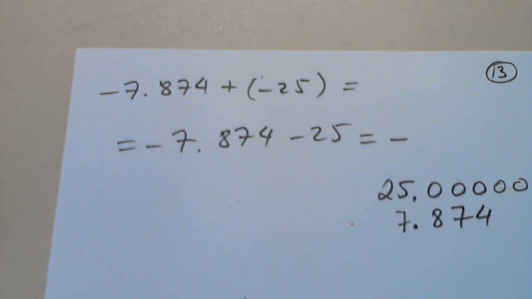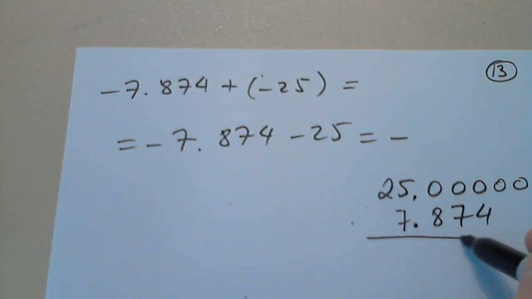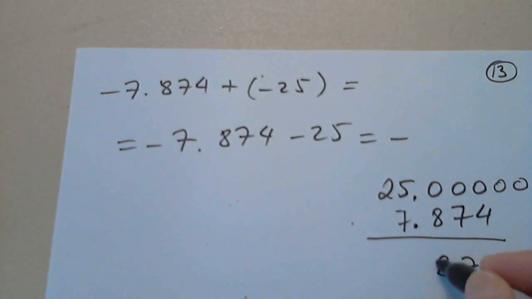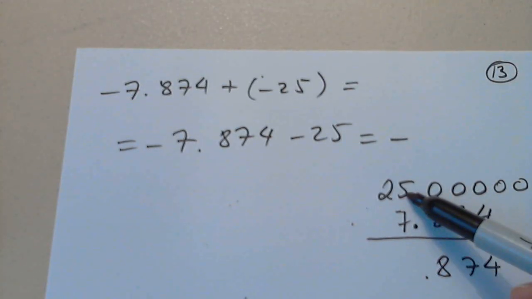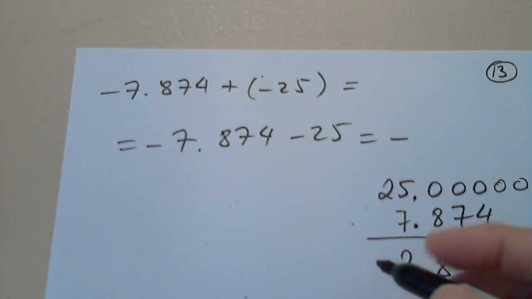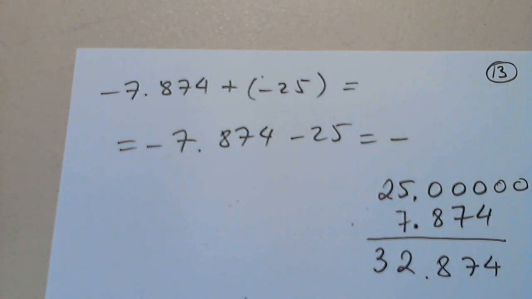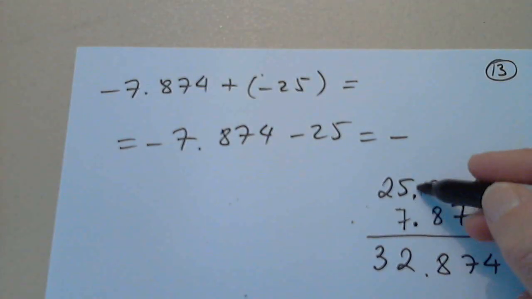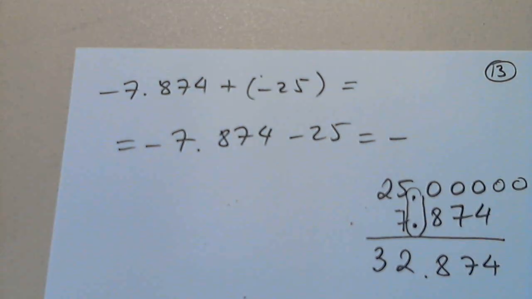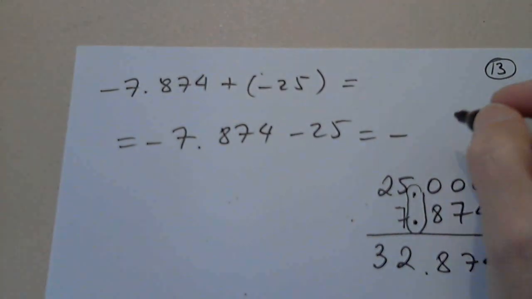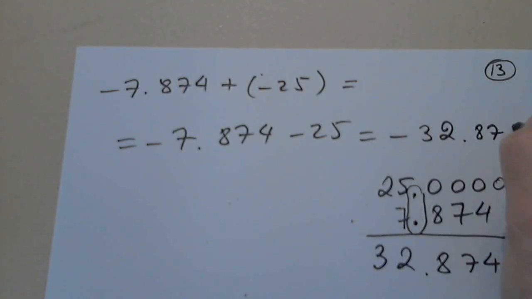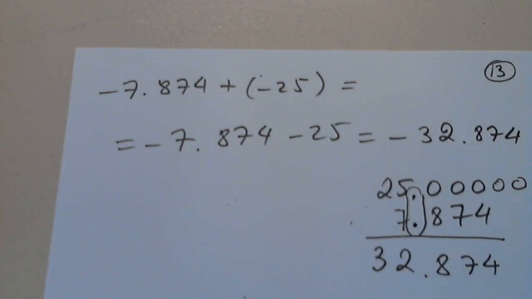When you add this, 7 plus 5 is 12, and you carry a 1. Please remember the decimal point had to be lined up in order for you to add these numbers correctly. So that's why we have negative 32.874. Good.